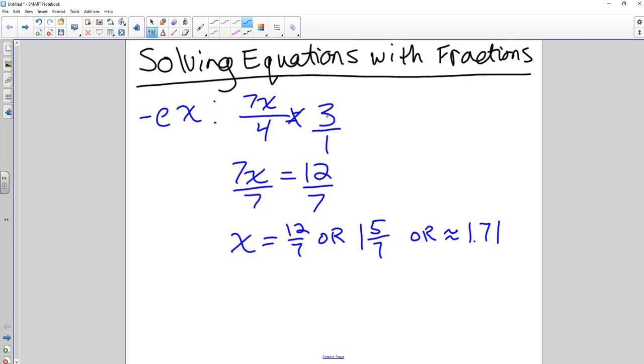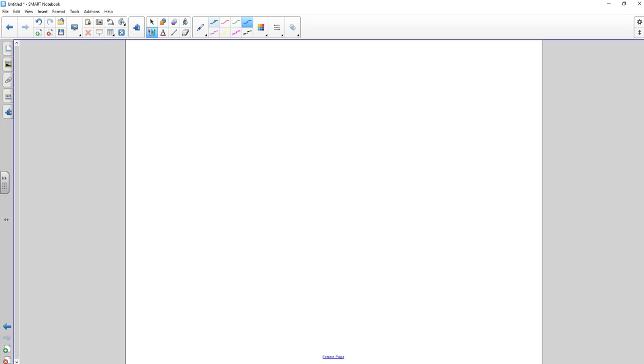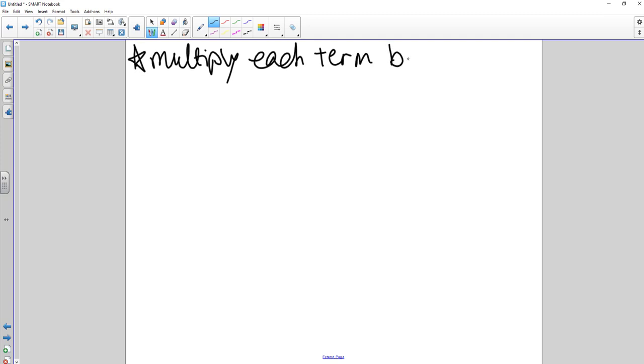Now the ones we're going to focus on in this video are more like this. So if I have more than just one fraction on each side, my strategy is to multiply each term by the least common denominator over 1.